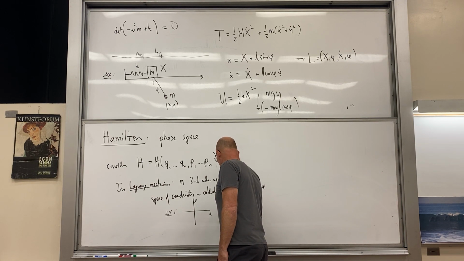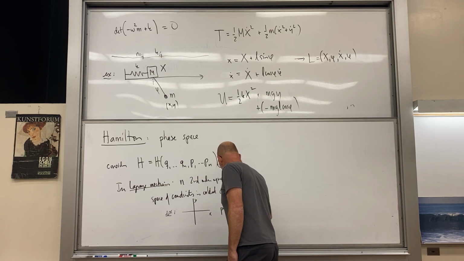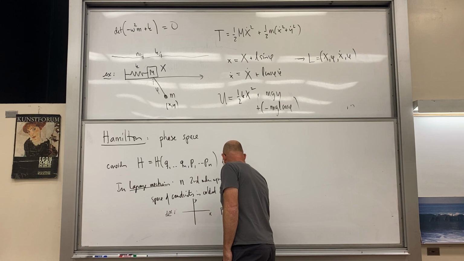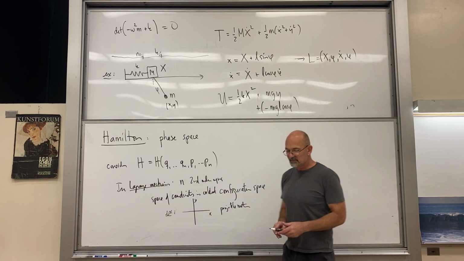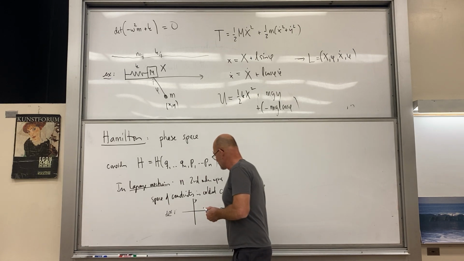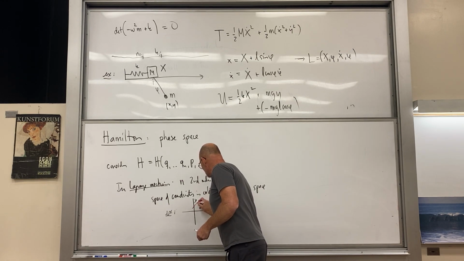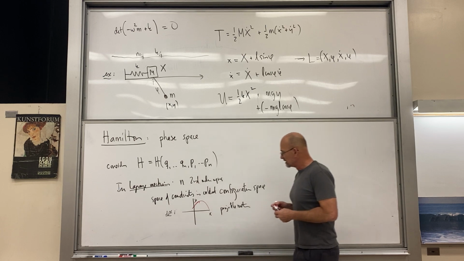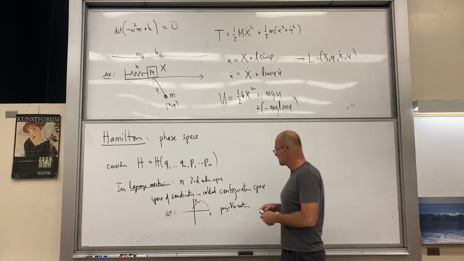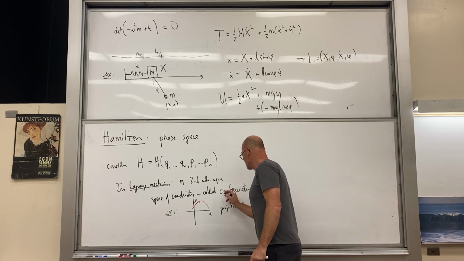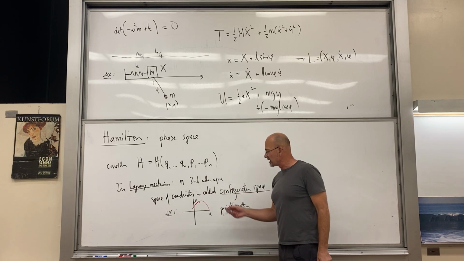Okay, and the solution, that's not projection, projectile. Right, and if we're doing projectile motion, then we launch, and there's our trajectory. So this configuration space was just the XY plane.